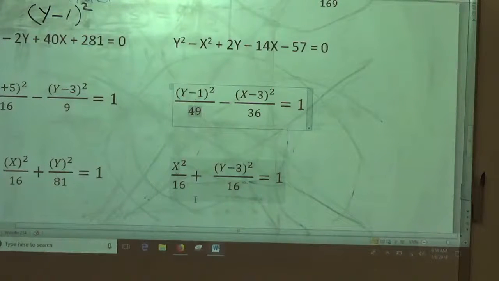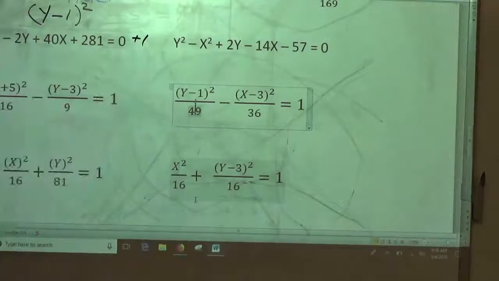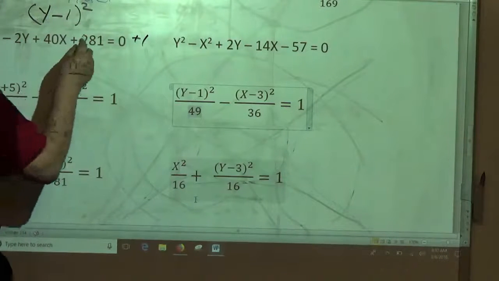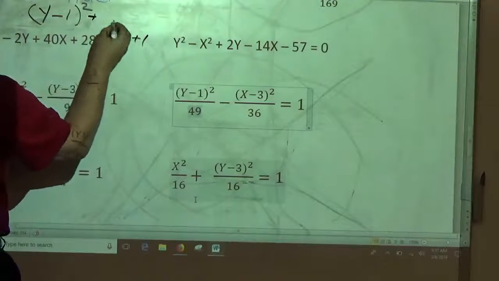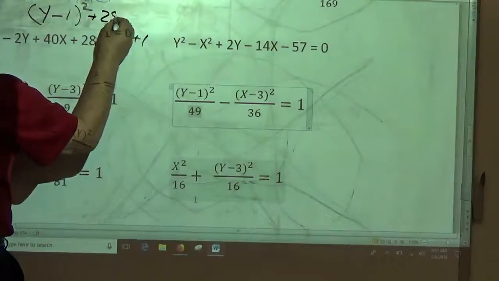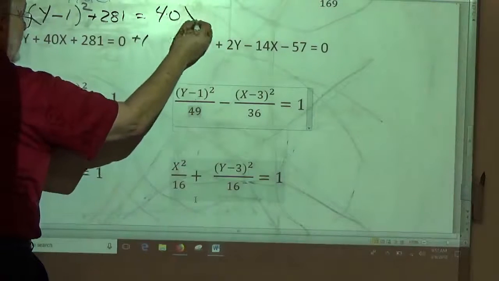The third value is -1 times -1. So because I've added a +1 on this side, I need to add a +1 over here. Now, normally, this equals 40x.